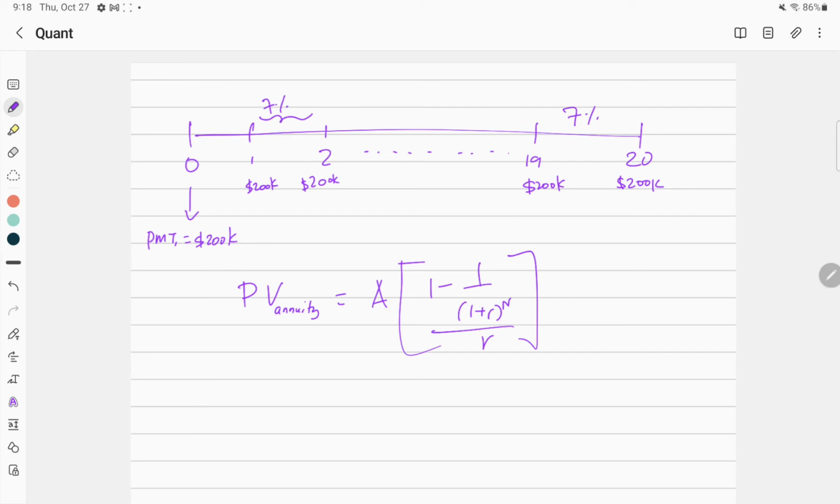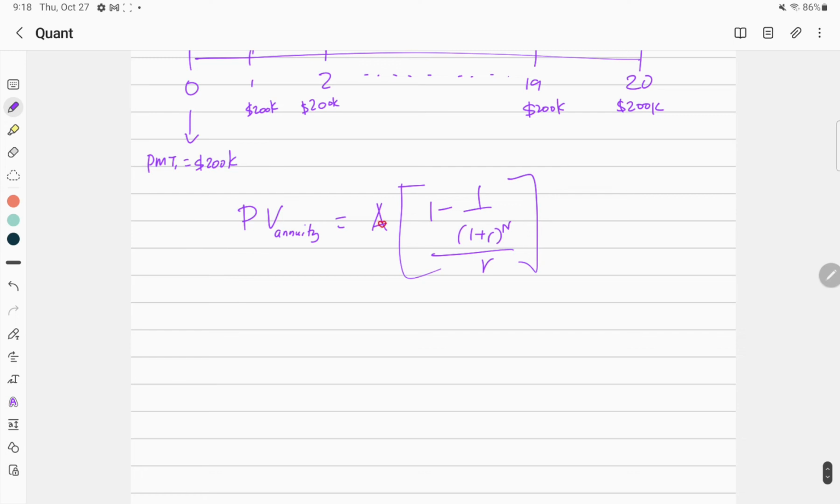Very simple, right? So we have our annuity amount occurring at the end of each year. So he's going to pay us the first 200K at time equal to 0.